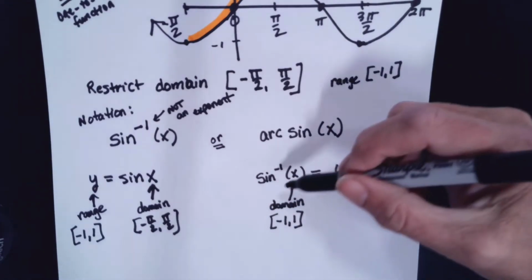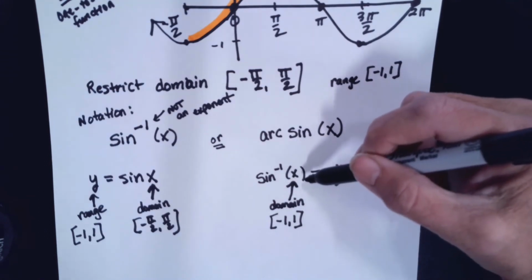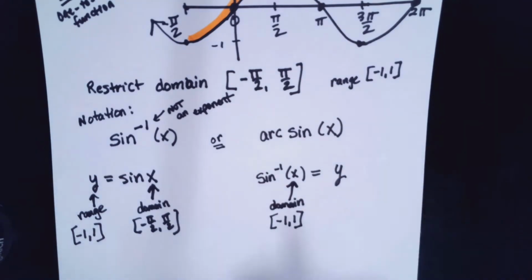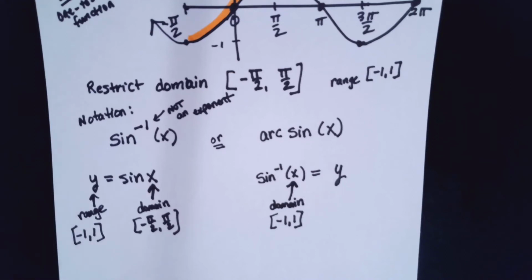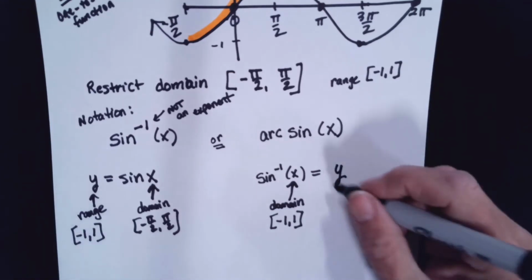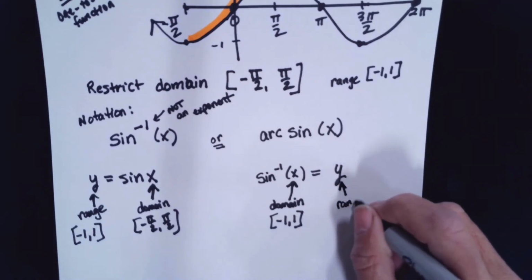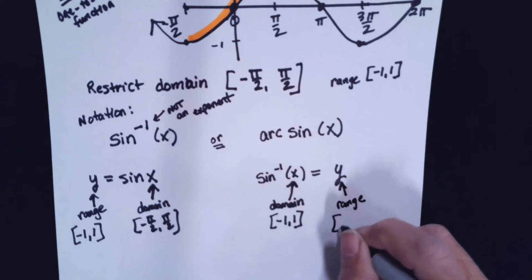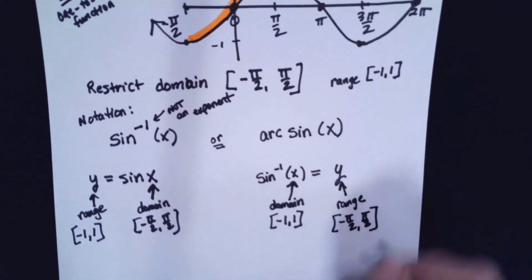So the values you're allowed to put in for the x values of the inverse function are going to be from -1 to 1. And then our y values, our range or our answers here, can only be from -π/2 to π/2.